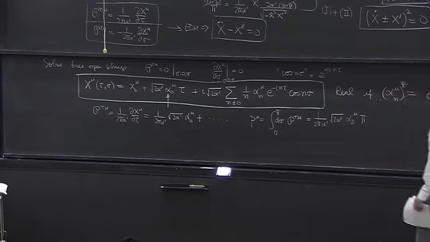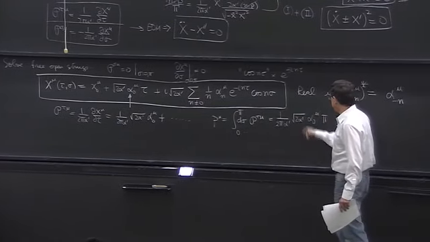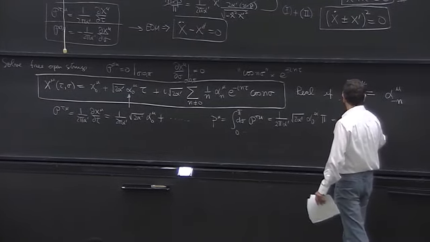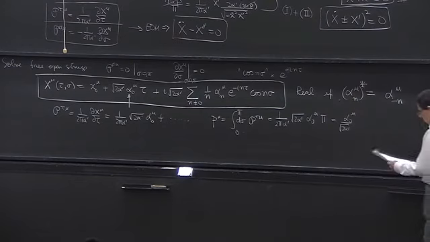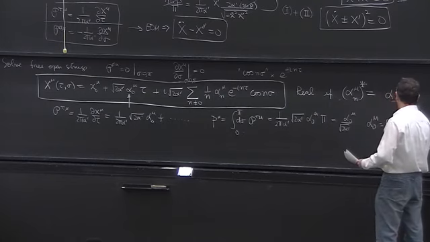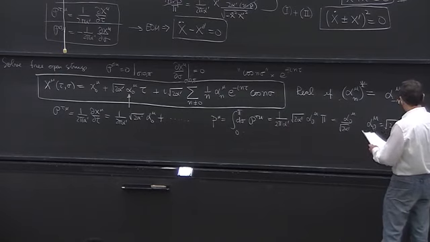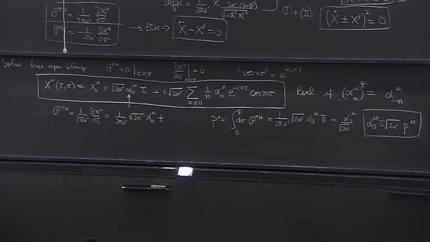Everything was a constant. So what do we get? The pi's go away, and there's alpha 0 mu over square root of 2 alpha prime. So we've learned that alpha 0 mu is in fact square root of 2 alpha prime times the momentum. So that letter alpha 0 mu is basically the momentum. And if you want to get your equations right, you better put that square root of 2 alpha prime there.